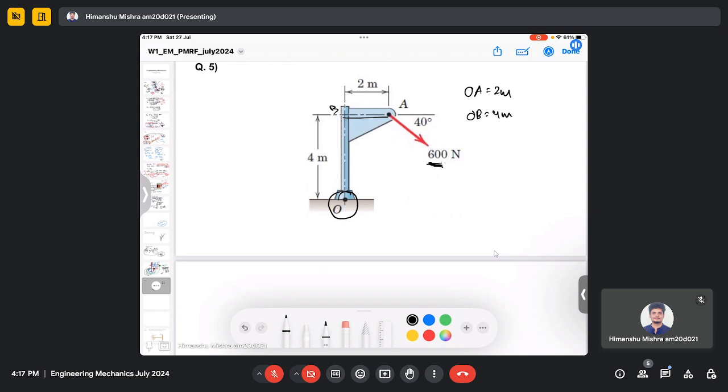As I told you, you first need to figure out the perpendicular distance. So this is my line of action, and the perpendicular distance of the 600 Newton force from point O is this. This is my perpendicular distance D.